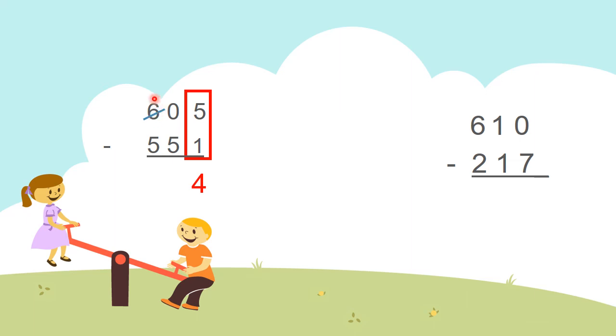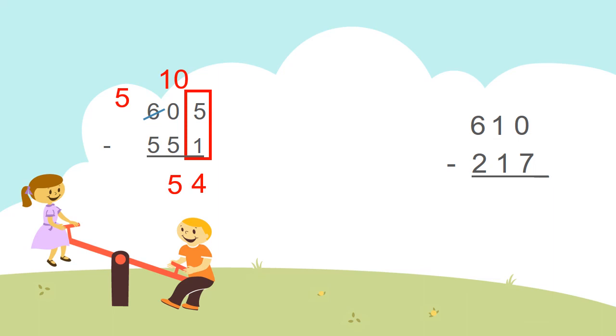I'm going to take from my hundreds. My hundreds become 5, and then change this one to 10 tens. Now I have 10. Now 10 minus 5 is 5, because 5 and 5 is 10.